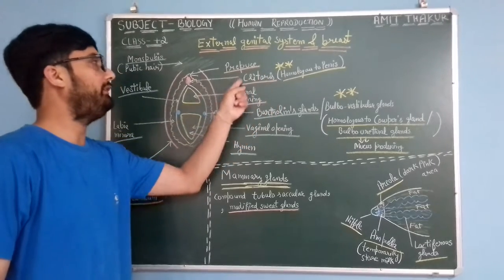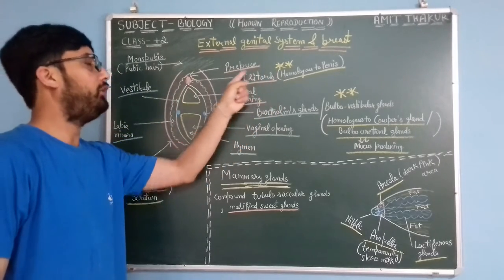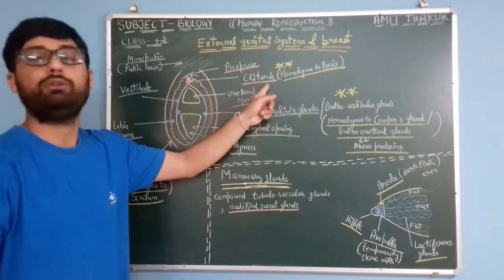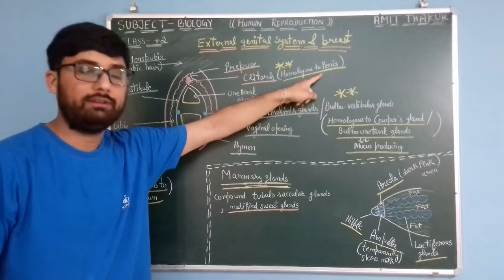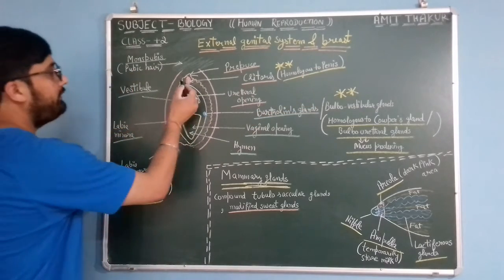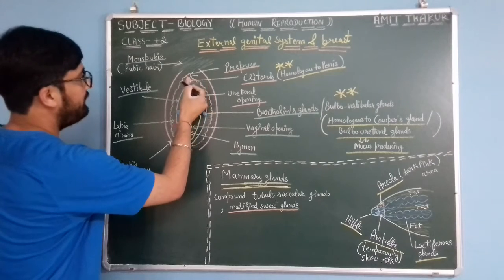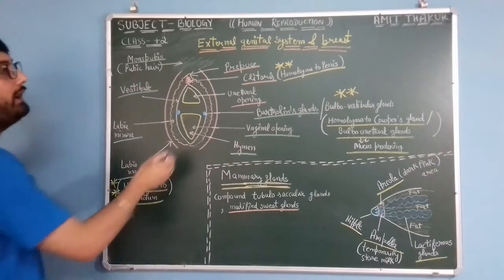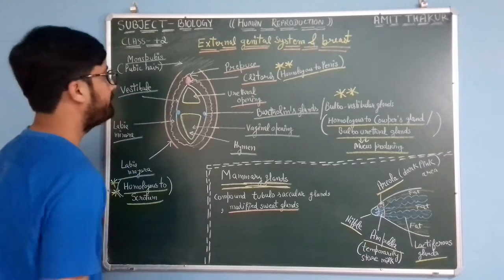This clitoris, the erectile tissue of the female genital system, is homologous to the penis in males. The folding of these muscles at the top of the labia minora is known as the prepuce.